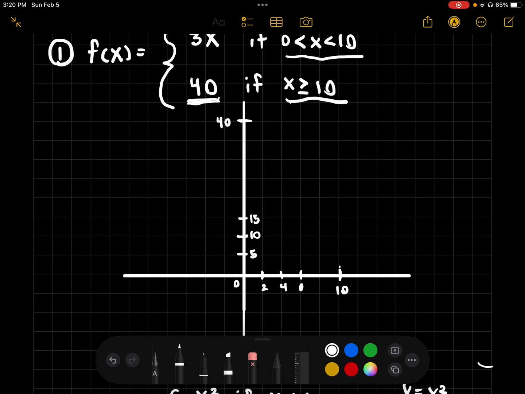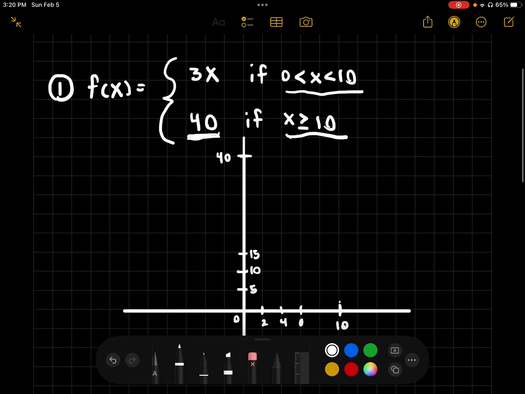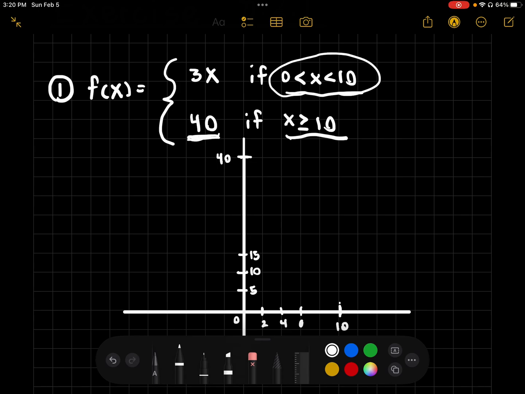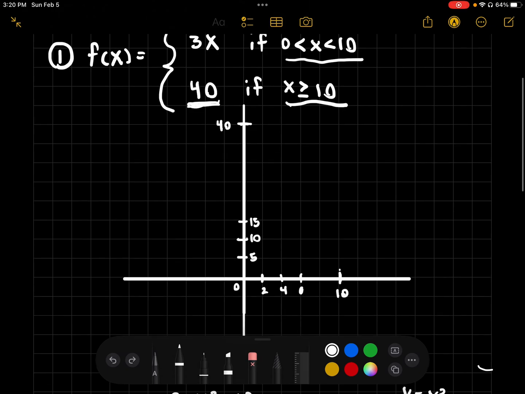All right, so I'm going to graph the function 3x if x is between 0 and 10. When you see something like that, it's usually between the two numbers. So I'm only going to graph this between 0 and 10. Now, 3x has a y-intercept of 0.